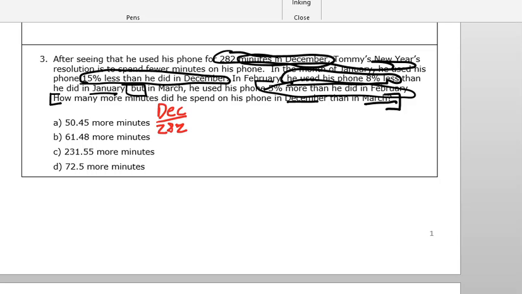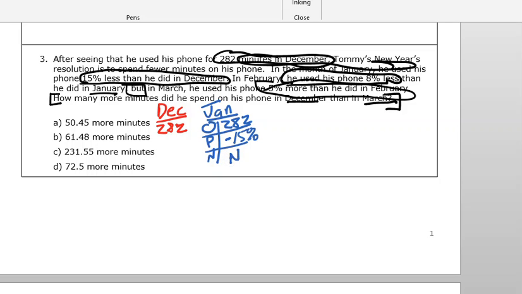And then in January, I'm going to make an OPN. I have that 282 minutes, minus, in January, he used his phone, minus 15% to get my new.